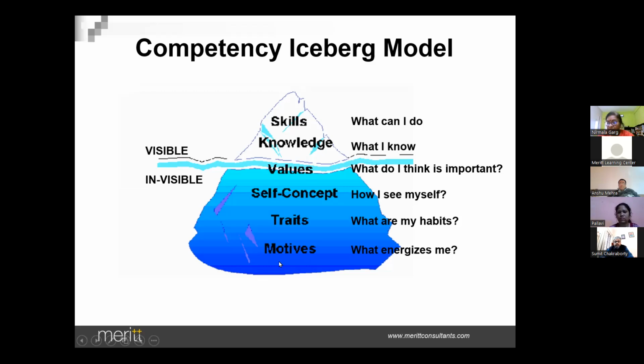Now, guys, the most interesting fact I really want you to relate to: whatever we do here is all related to what is deep down. You agree? Yes. If you are attending this session on competency mapping, there is something deep down, which I have written here as motive.